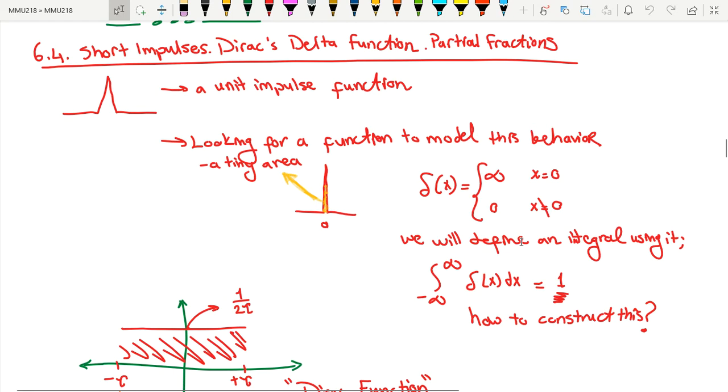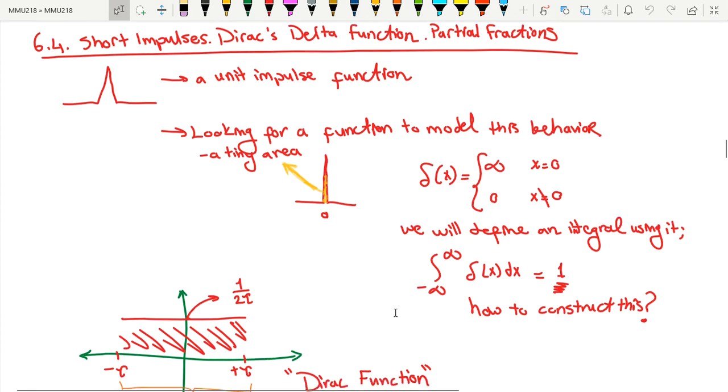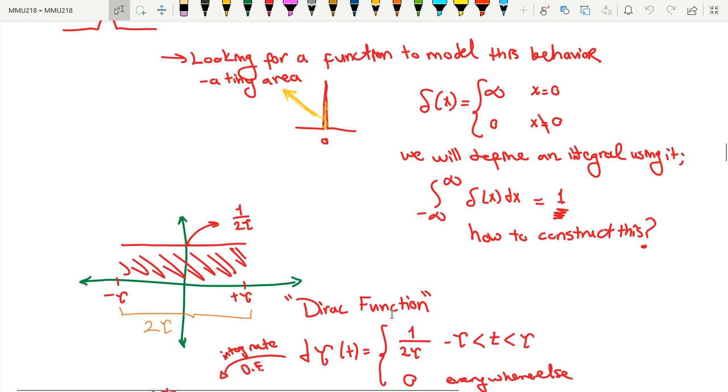And I will try to reach and solidify what's described in this quite abstract thing. The abstractness comes from this infinity. If something is going to infinity, how come the area underneath is 1? So let's have a look at that first. Let's define our function as 1 over 2 tau.